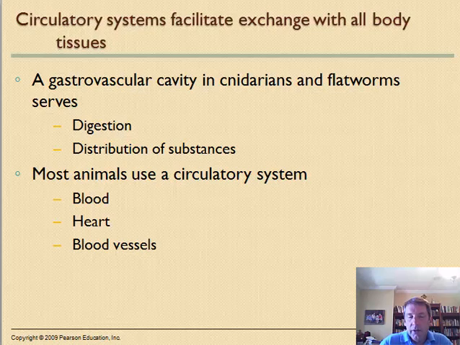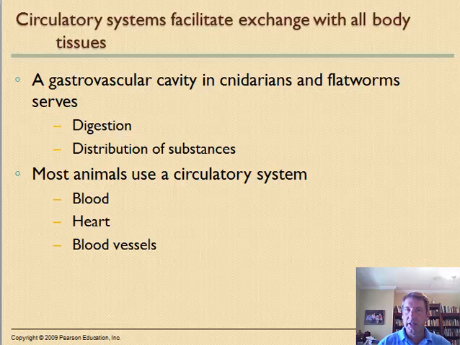We're going to look at some different types of systems, just like our other systems we've looked at. There's variation of this system as we look around the animal kingdom. There are some simple invertebrate animals that carry out this exchange without a full circulatory system.